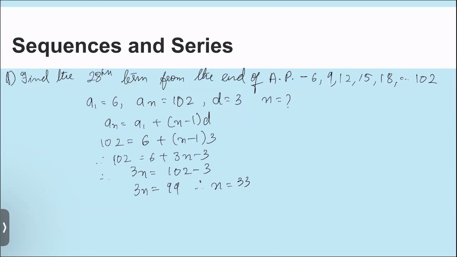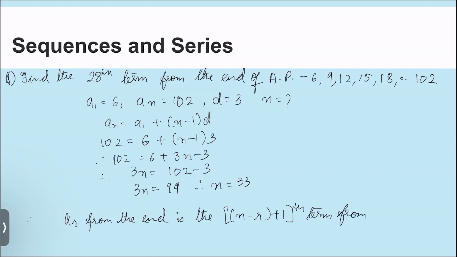So you can write that your AR from the end will be the (N minus r plus 1) term from the beginning.